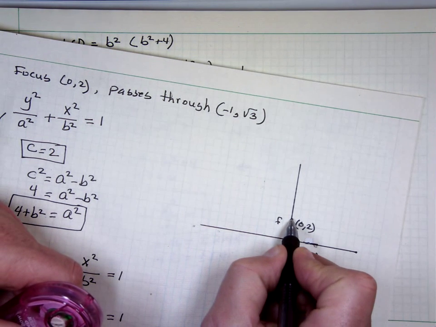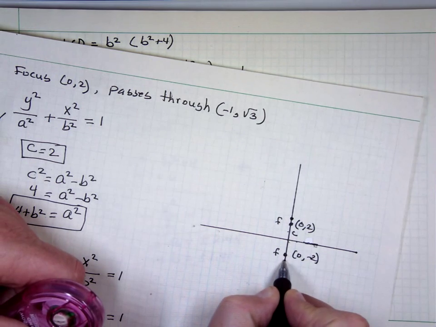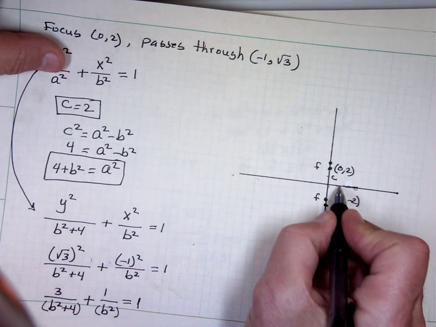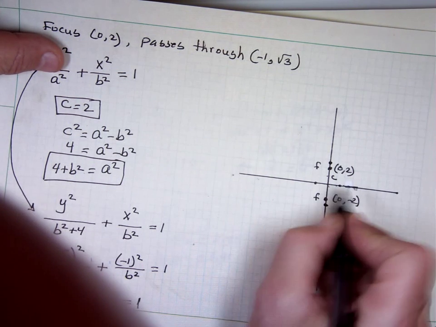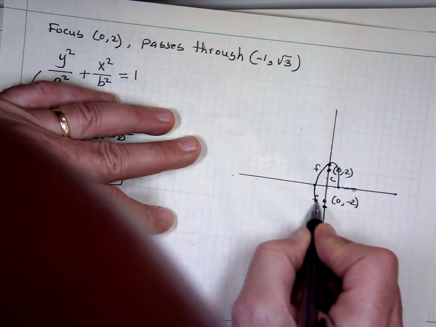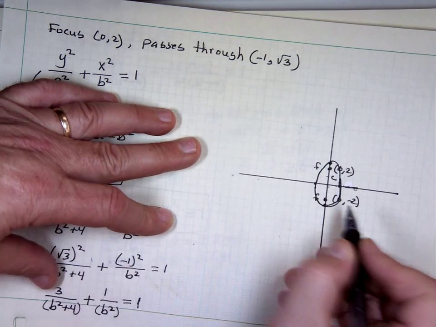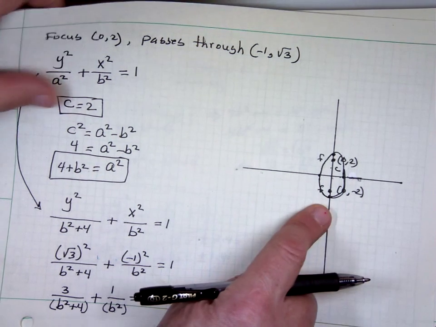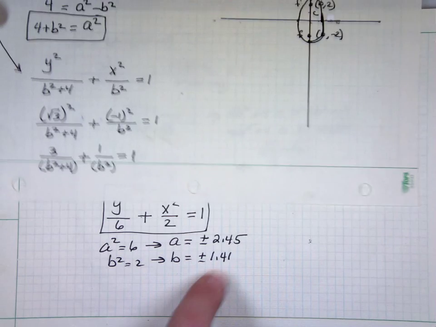And B is 1.4, right here and right here. So the graph looks like this. A little tight one. It goes up to 2.45, down to 2.45, right 1.4, left 1.4.